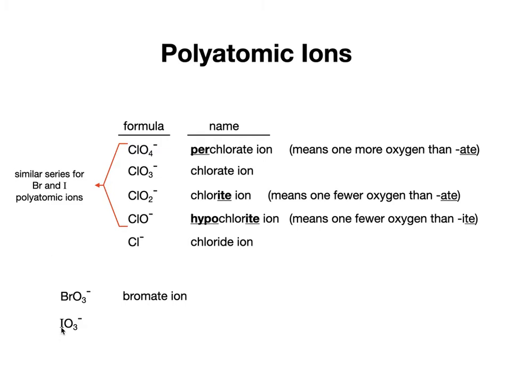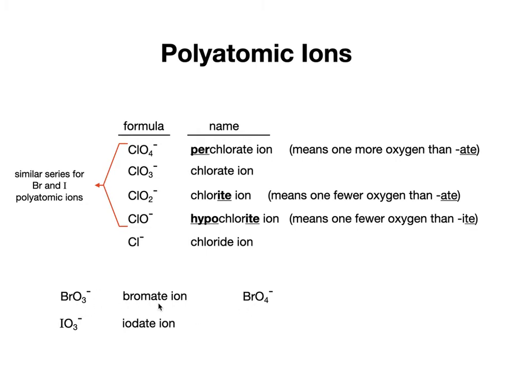What about this? What if we have IO3 minus? If this is chlorate and this is bromate, what do you think this is going to be? It's going to be iodate, the iodate ion. Those are all in the same group in the periodic table. What do you suppose this would be?